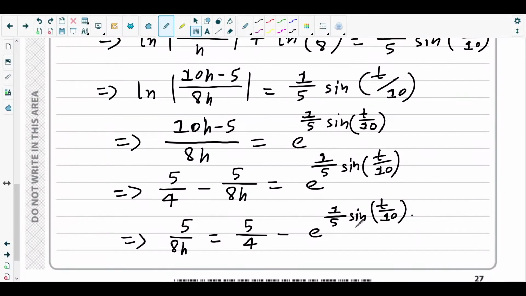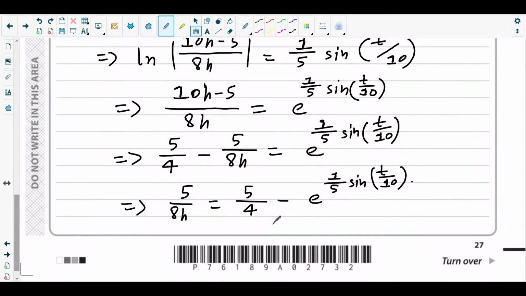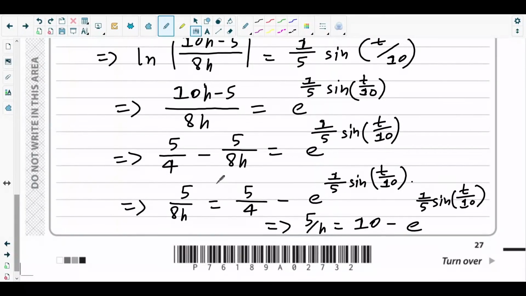Now we can multiply both sides by 8, right? If you do so, you will get 5 over h equals 10 minus e to the power 1 over 5 sine t over 10. Fine. Now we can just invert the fraction. If you invert the fraction, you will get h over 5.